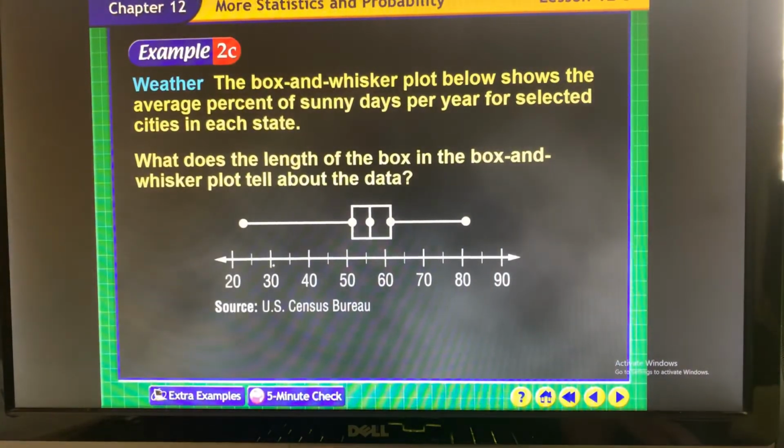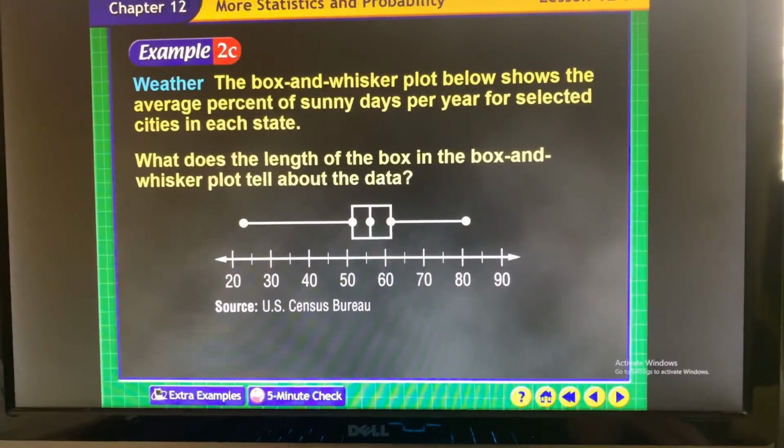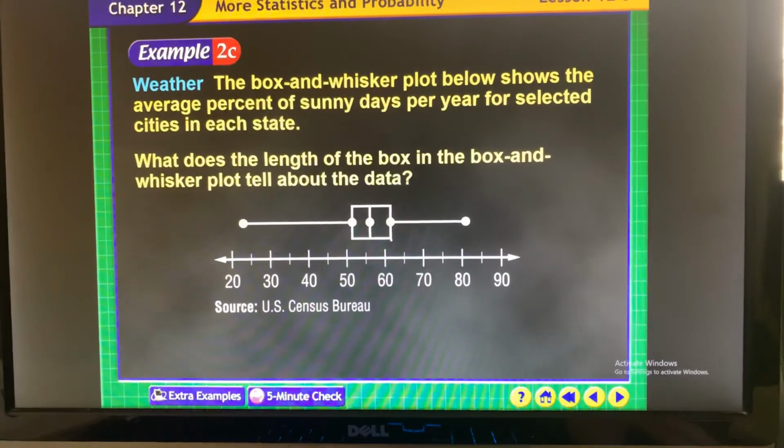What does the length of the box in the box and whisker plot tell about the data? Well, if you look at it, it's very, very close together. So your data is very close between 56 and say 62 days of sunny days, I should say. Whereas from here to here, your whiskers are really long, meaning you had some outlier days.